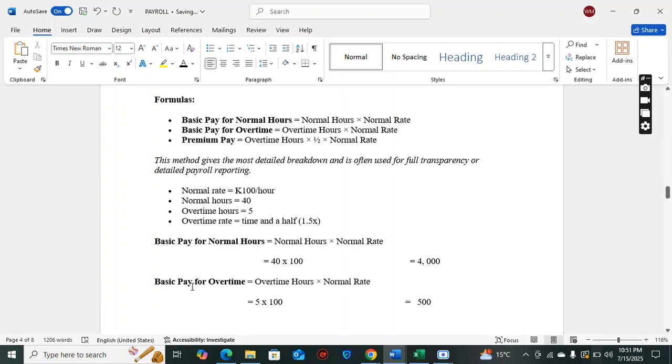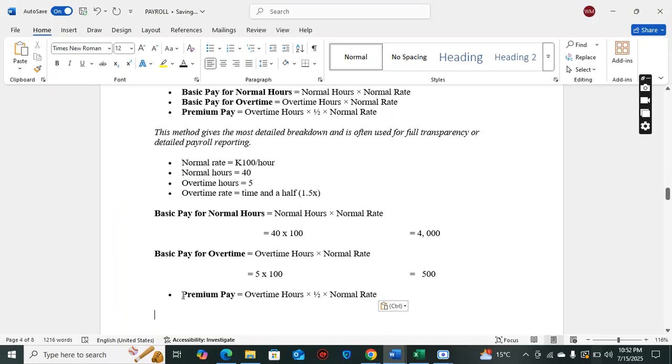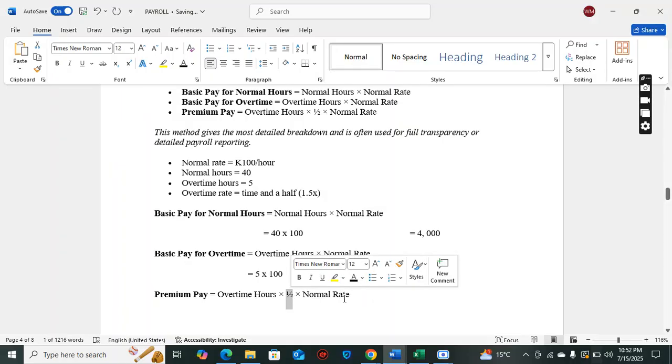That's the basic pay for overtime. Then now we get the overtime premium: overtime hours times the overtime rate times the normal rate.